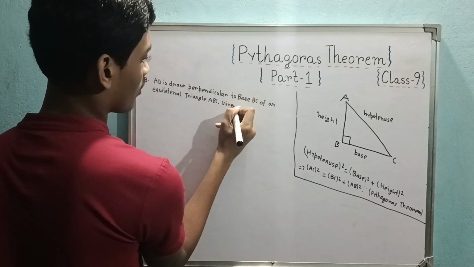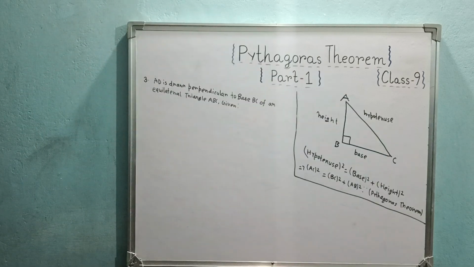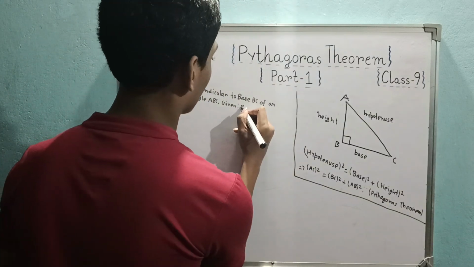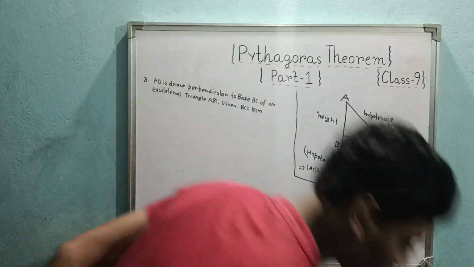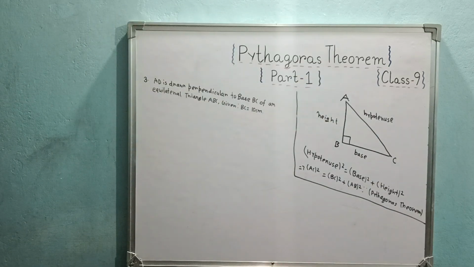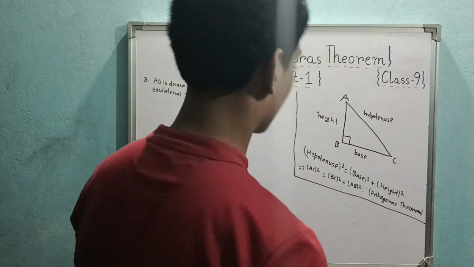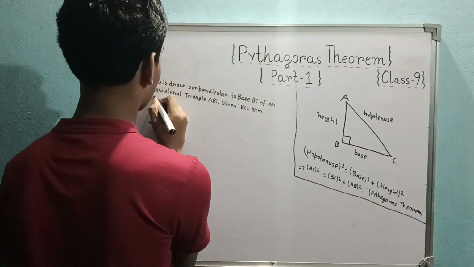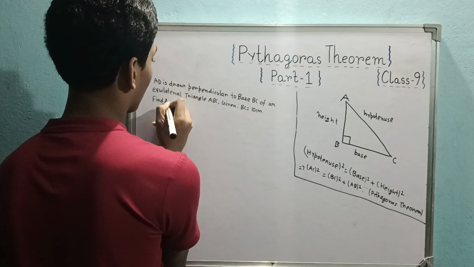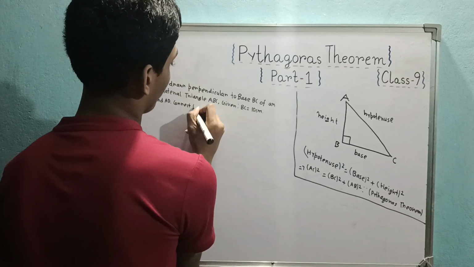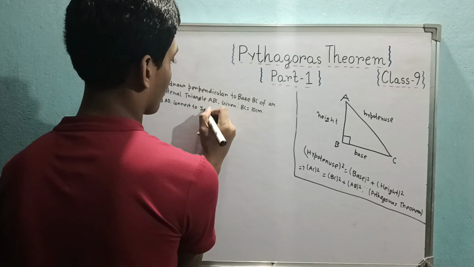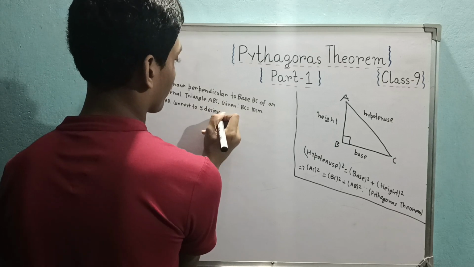Given BC equal to 10 centimeter. Find AD correct to one place of decimal. Correct to one decimal place. Okay.